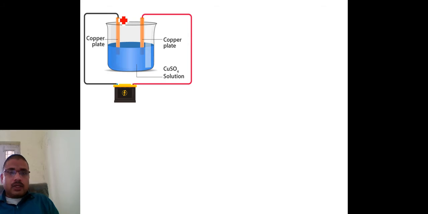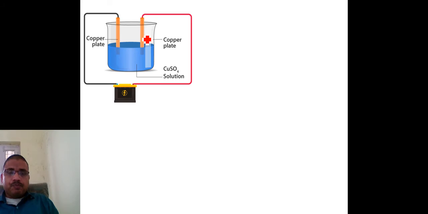Whatever material we want to electroplate is connected with the negative electrode, that means the cathode, and the material by which the electroplating takes place is connected with the positive terminal.